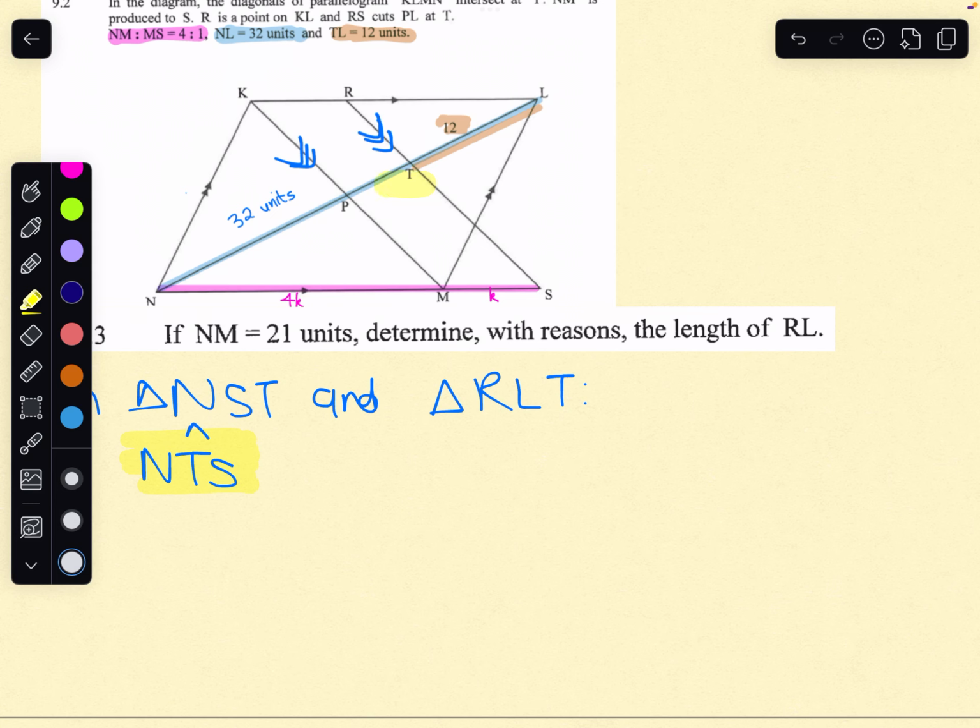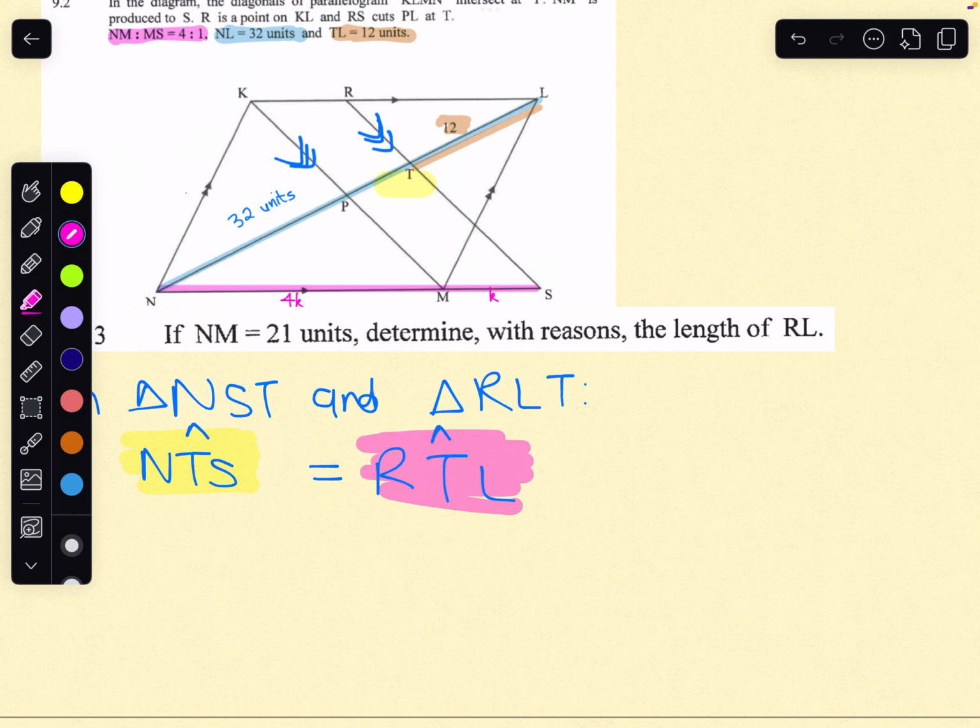So angle NTS is equal to angle RTL, which is this guy. Okay. And the reason for that is vertically opposite angles.